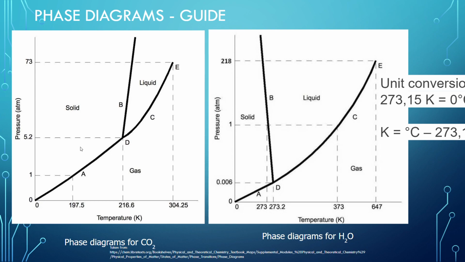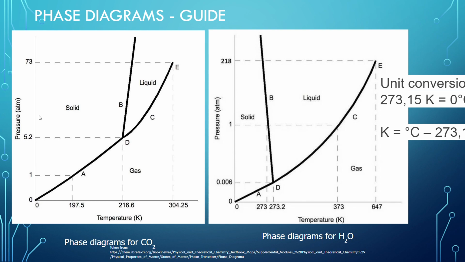So at 1 atmosphere, we have the phase change from solid to gas. That is why when we take dry ice, that is CO2, it passes directly from the solid to the gas state.